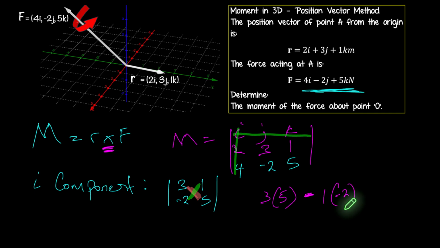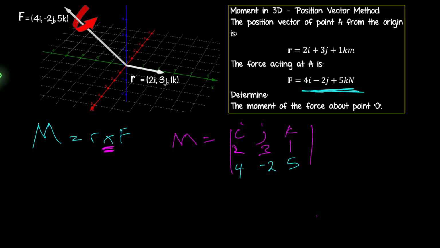That leaves us with 15, and minus negative 2 gives plus 2. So what we're left with is 15 plus 2, which gives us 17i. That's the i component done. Now let's move on to finding the j component, repeating the same process.